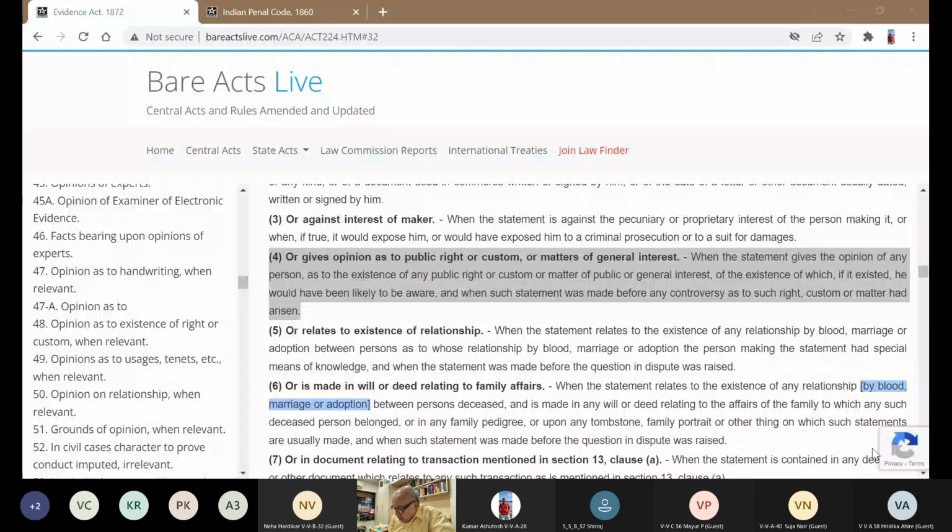When the court has to form an opinion as to the usages and tenets of any body of men or family, the constitution and government of any religious or charitable foundation, or the meaning of words or terms used in particular districts or by particular classes of people, the opinions of persons having special means of knowledge are relevant here.